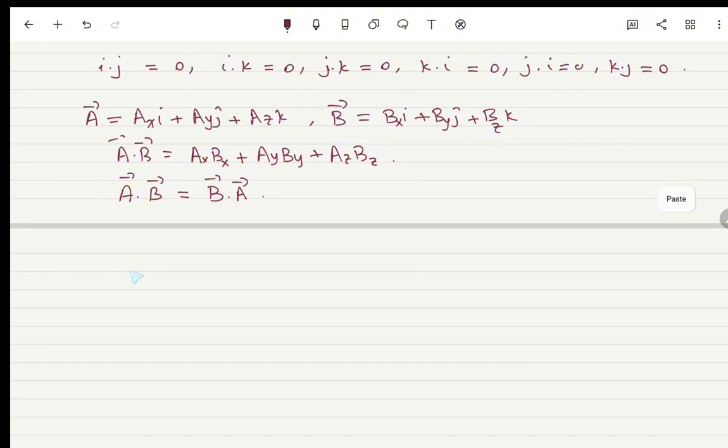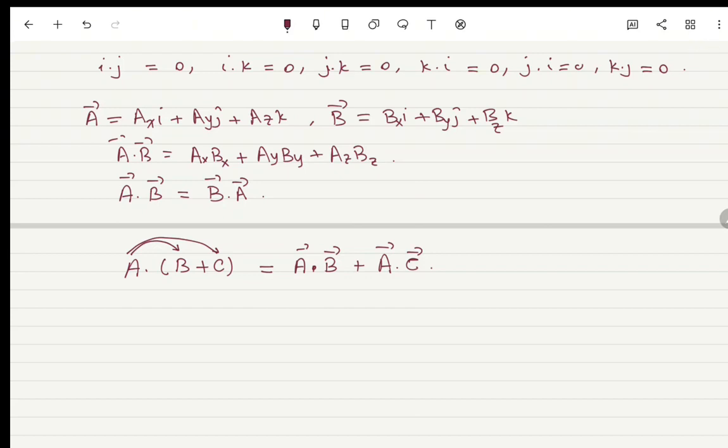And A dot (B plus C), in this case we can dot product A with B and dot product A with C. The results can be added, so we can say A dot B plus A dot C, and this is known as the distributive law.